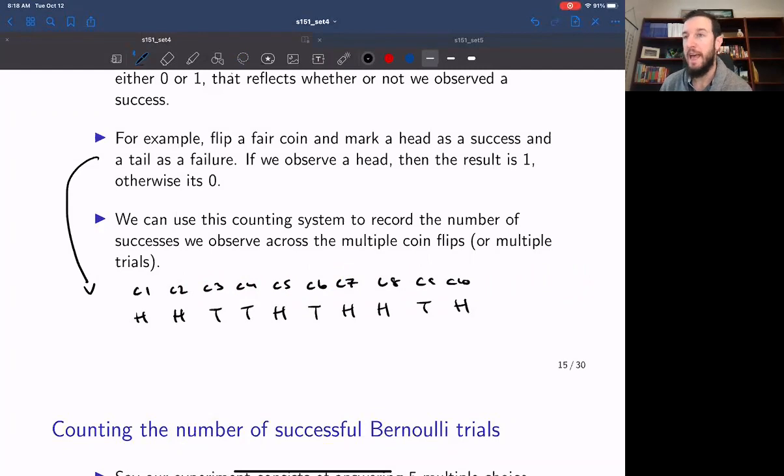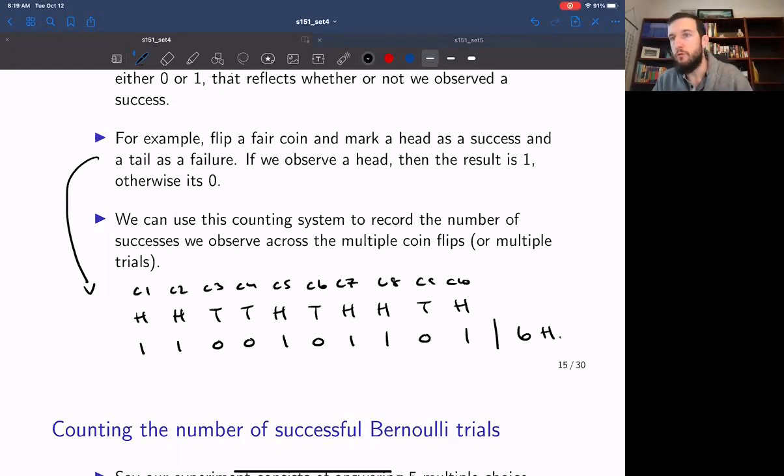If we mark a head as a success and a tail as a failure, then we can also think of this outcome as being 1, 1, 0, 0, 1, 0, 1, 1, 0, 1. Okay. So what that means is we observed 1 plus 1 is 2, plus 1 is 3, plus 1 is 4, plus 1 is 5, plus 1 is 6, 6 heads.